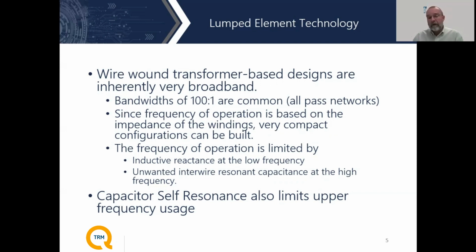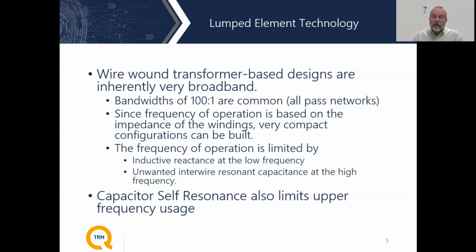Being practical about it, the bandwidths are really limited by the inductances that you can generate on the transformers, and that usually sets the low end, the low frequency of operation, by what the inductance of the transformer is. The high end is really limited by how neatly you can wind that transformer and how you can mitigate interwire capacitance to make sure that you don't end up with a resonant LC network, which would limit the high end of that network.